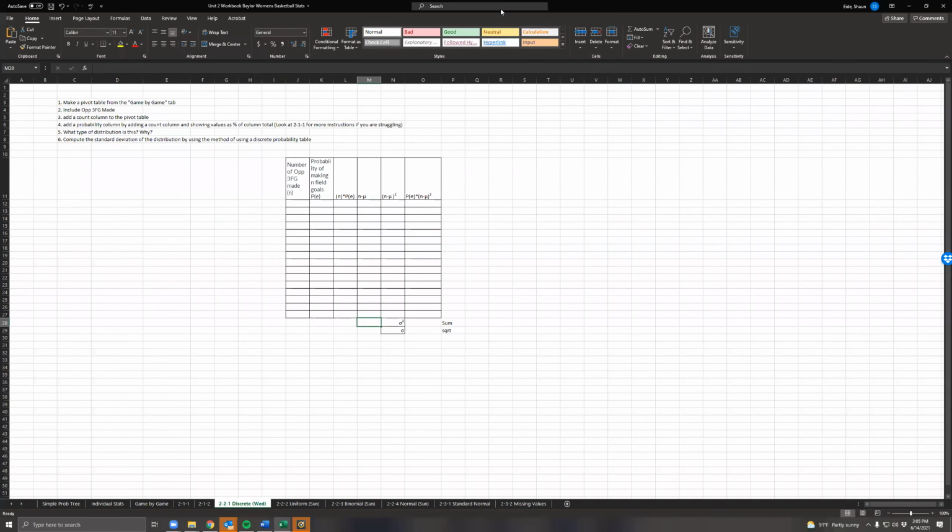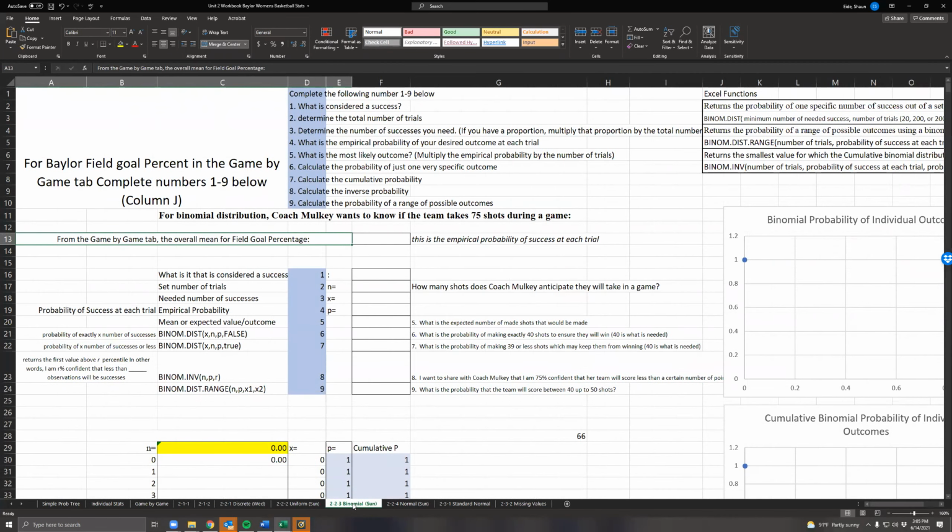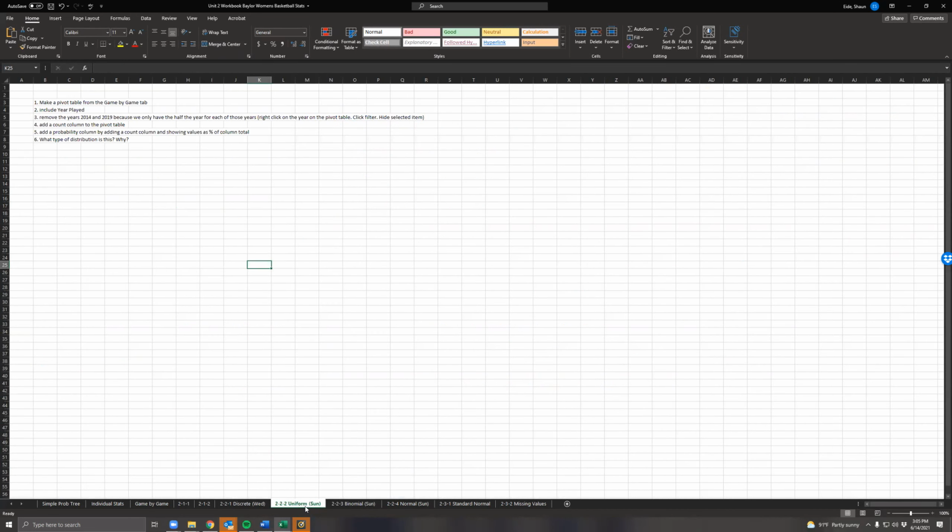You can still just highlight all of the data and do standard deviation. So the standard deviation is the same formula no matter what distribution you're looking at. But how that standard deviation behaves is different inside the formula.